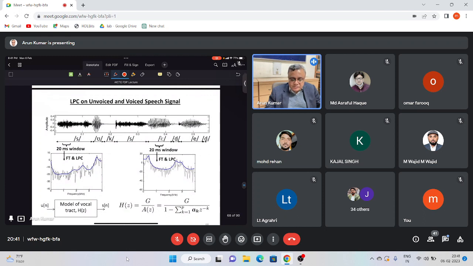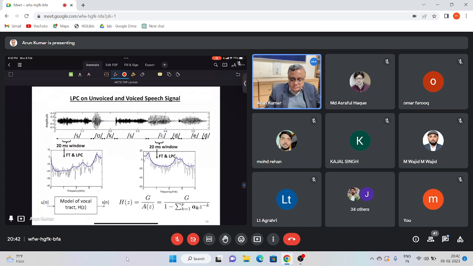Now in this figure, we see the frequency response of the filter 1 over A1 e to the power j omega, magnitude of this, for unvoiced speech on the left hand side and for voiced speech on the right hand side.